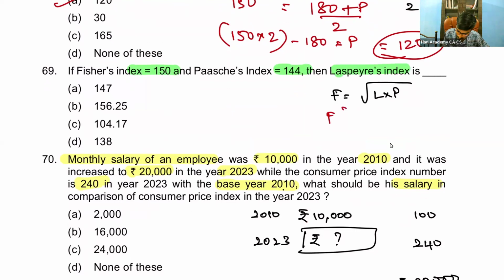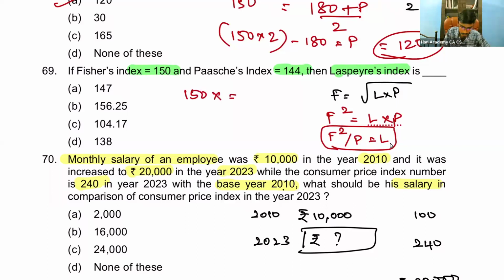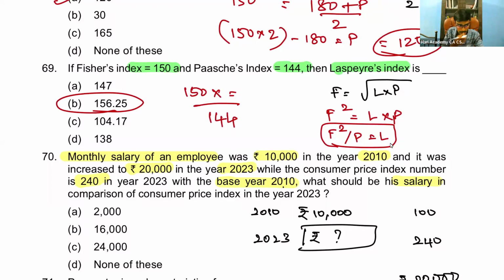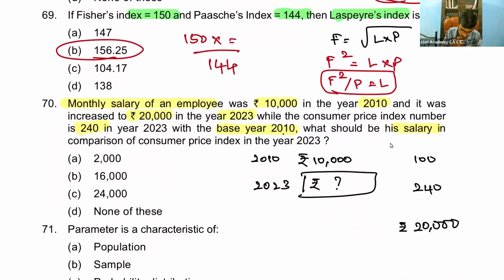It is nothing but F square equals L into P. If I need Laspeyres, F square divided by P is equal to L. So what I will do, take a calculator, 150 into equal to divided by 144. You will get 156.25. 156.25 is option B. Then question 70.